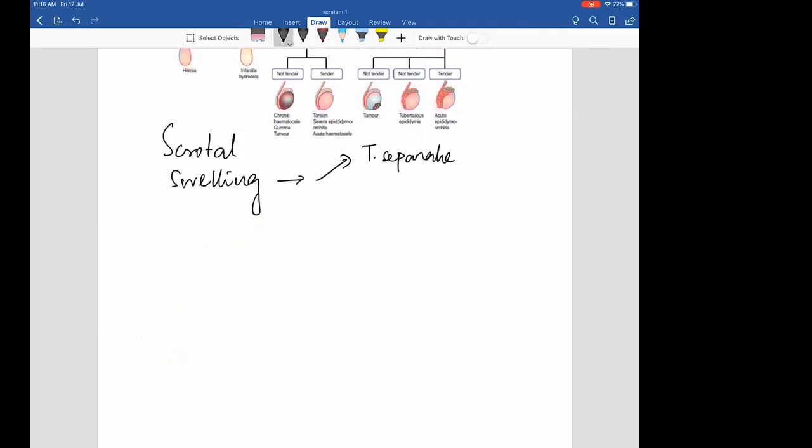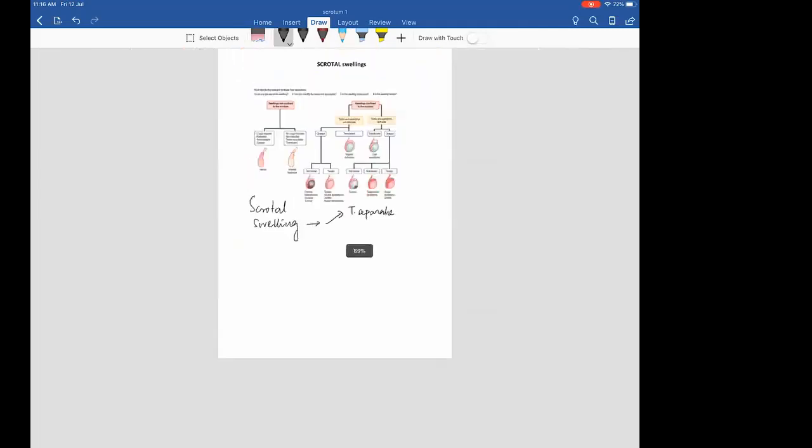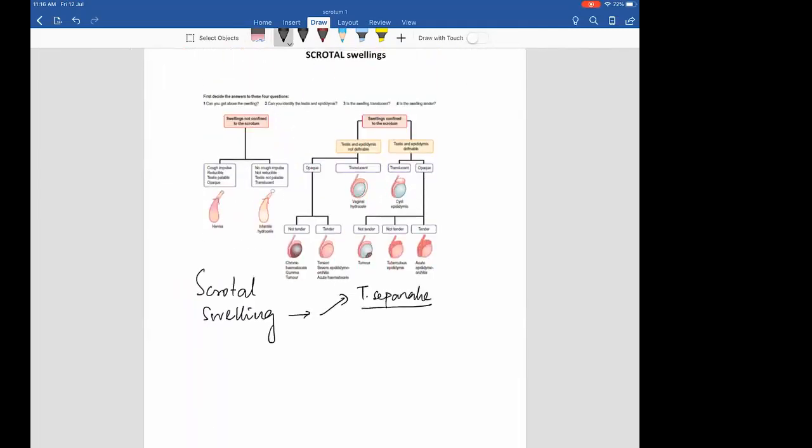If the testes is felt separate, please remember that you can now do the third test, called the transillumination test. Transillumination means you are shining a torch in a dark room. Remember two words: torch, and dark room. In examination time, you usually do the first one and forget the next one.